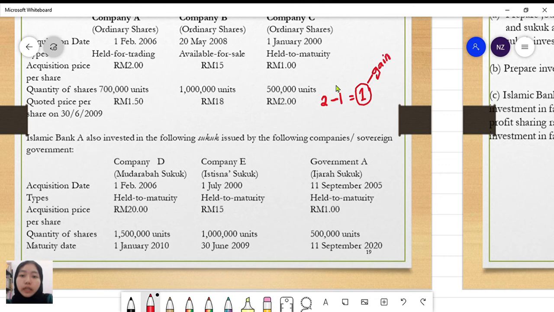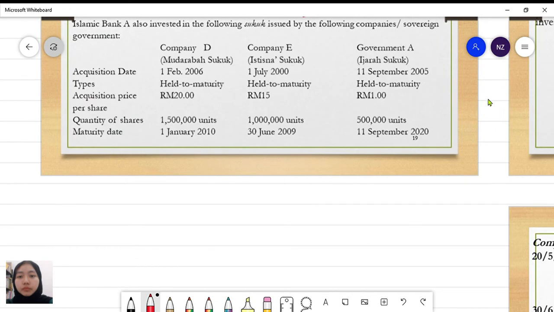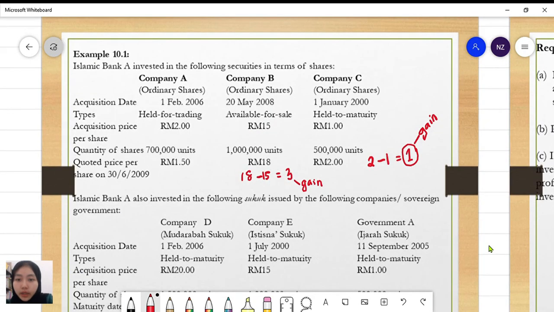Same as the earlier one, 18 minus 15, 3 ringgit is our gain. Same goes for calculating a loss. Here, 2 ringgit minus RM1.50, you will get RM1.50 loss. This is loss.